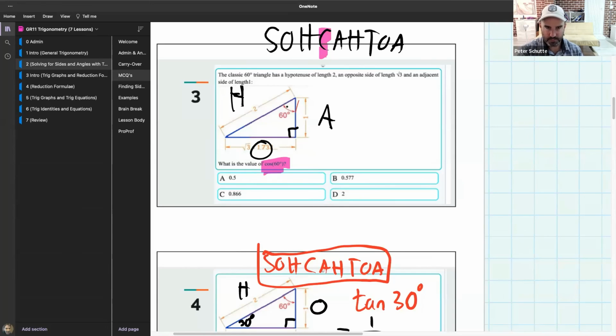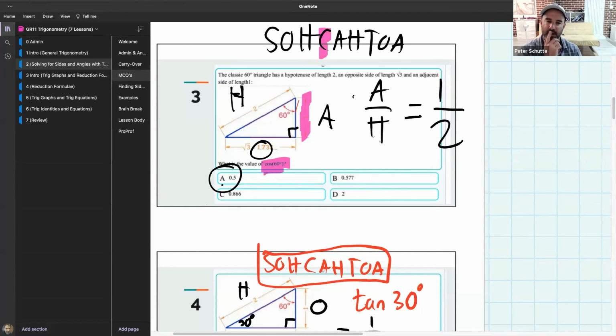So what is A? Let's write down what A over H is from this triangle. A is 1 in this triangle. What is H? H is over here, which is 2. And so that's why I get 1 over 2, which is 0.5. Oh, thank you, sir. Pleasure.